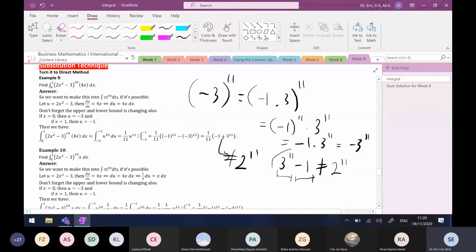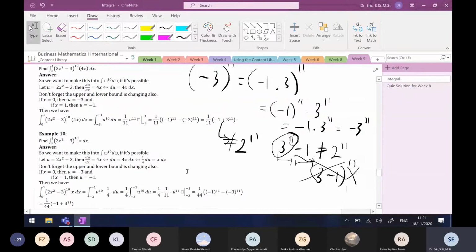So you do the power first, and then minus 1. You cannot have 3 minus 1 to the power of 11, because it means the hierarchy is subtraction followed by exponentiation, and this is wrong. Be very, very careful.